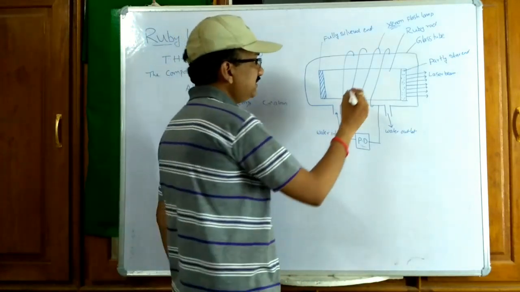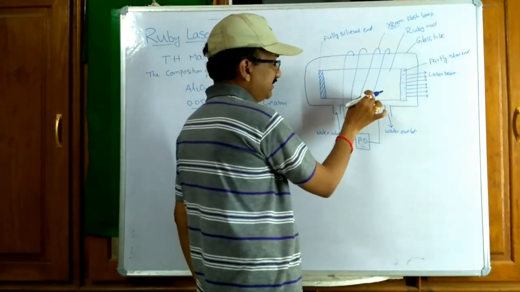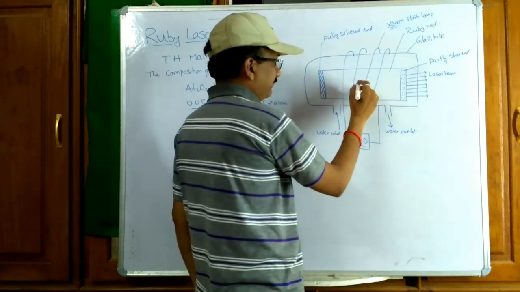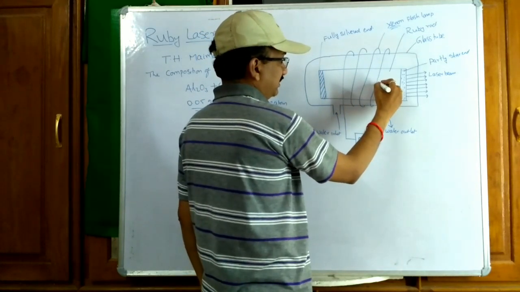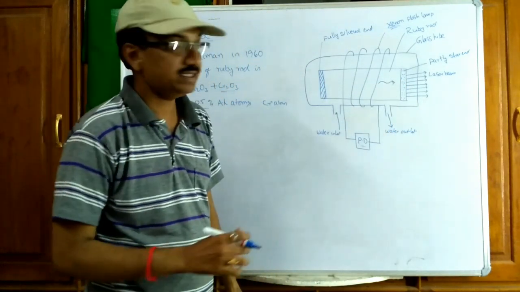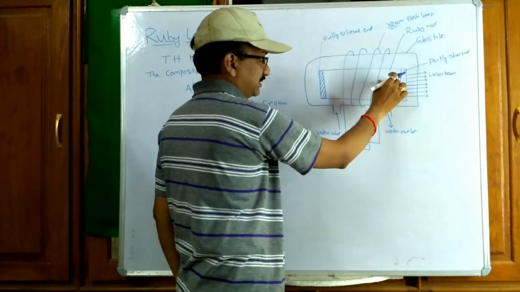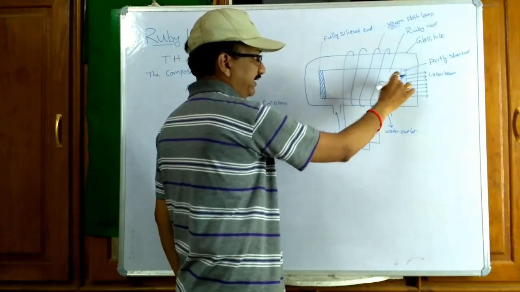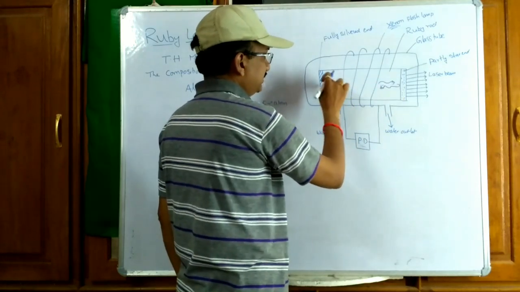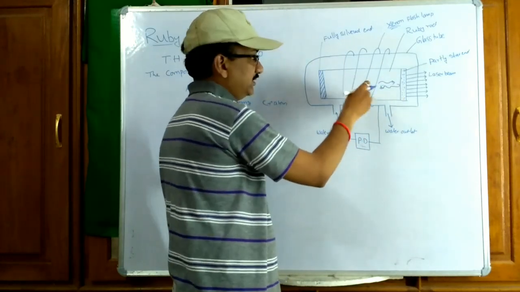That means the atoms get excited, and while they come to the ground level, they release a light beam like this. Then this ray hits this end, gets reflected in the backward direction and moves in this substance.